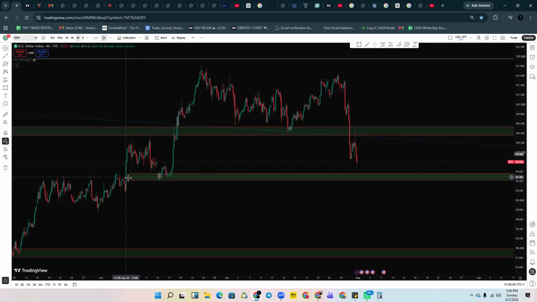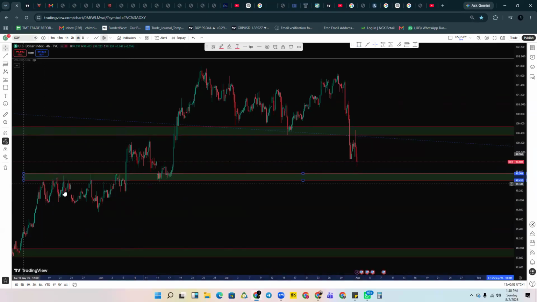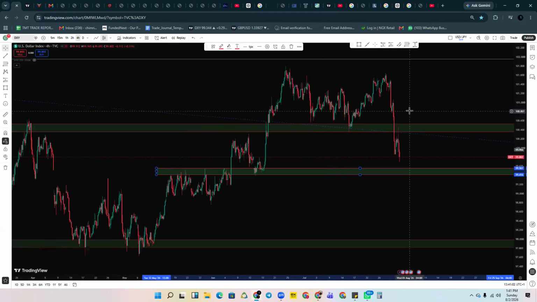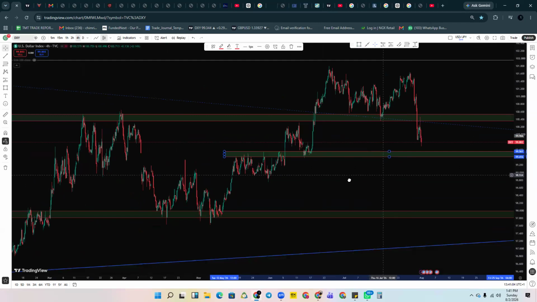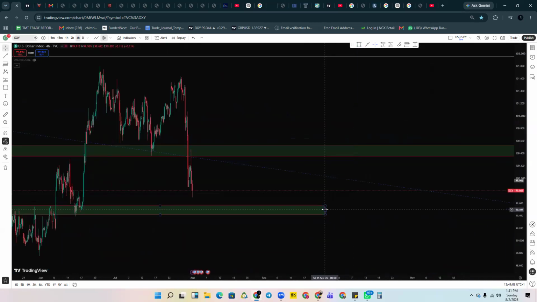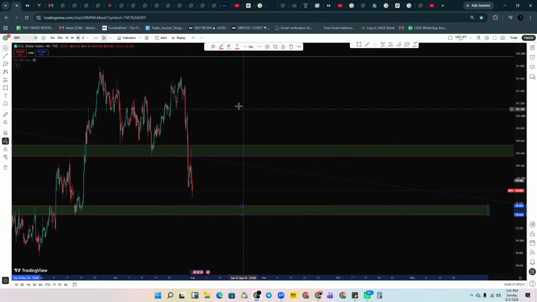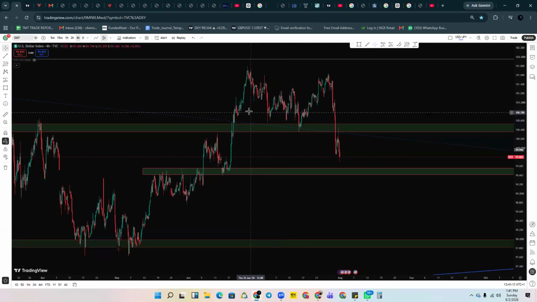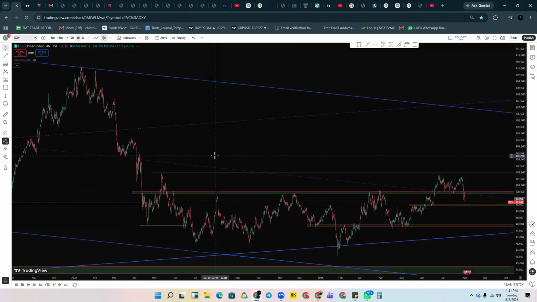There's a possibility of price bouncing on this level, and we have the bullish continuation, and there's also a possibility of price breaking out from this level, and we say that the sellers are more in control, and the bearish market is likely to have begun, right? So this is on the 4 hours time frame.